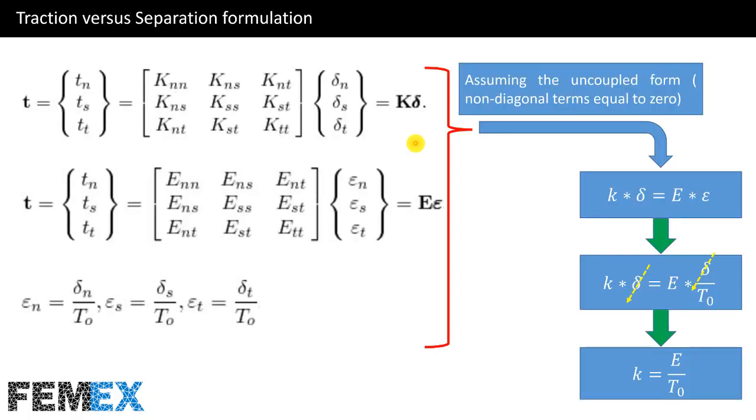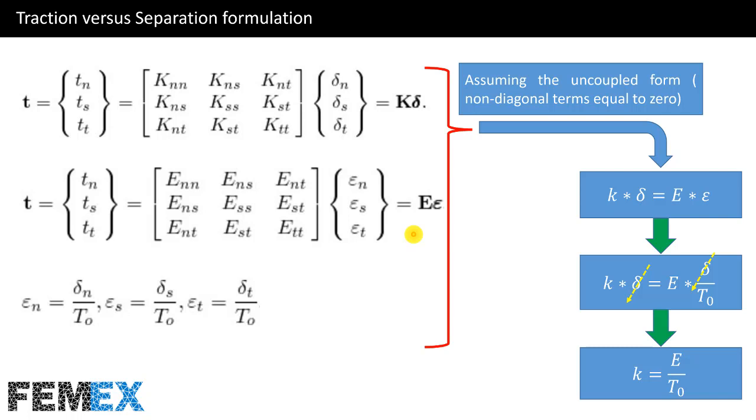In the premium tutorial, I have talked about traction versus separation formulation. This equation belongs to the cohesive surface formulation, and this equation belongs to the cohesive element formulation, and the left side of both of the equations are equal.